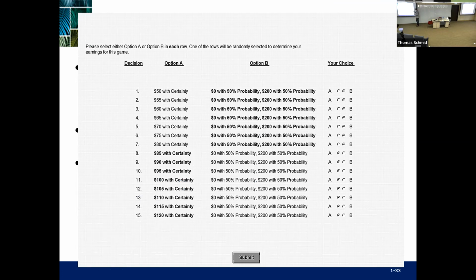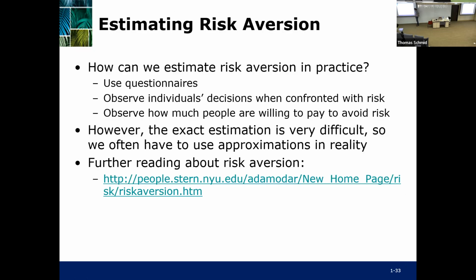What do you choose, A or B? And then they do this with a lot of students and a lot of different lotteries, and then they kind of back out the risk aversion. It's of course not an exact science. So over time, we got a bit of a feeling of how the risk aversion varies across people.